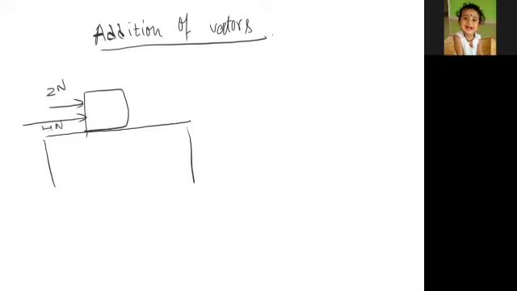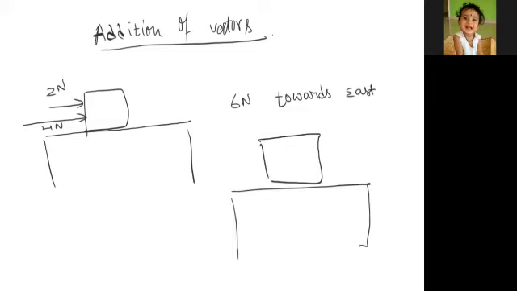Then we can definitely say that there is a net force of 6 newtons towards east. That's easy to do. But what if the same block is there on a table, and this time you have a 2 newtons force like that and a 4 newtons force like this? How do you add this? Now that's a question to be answered. So that question we are going to answer in the coming slide.